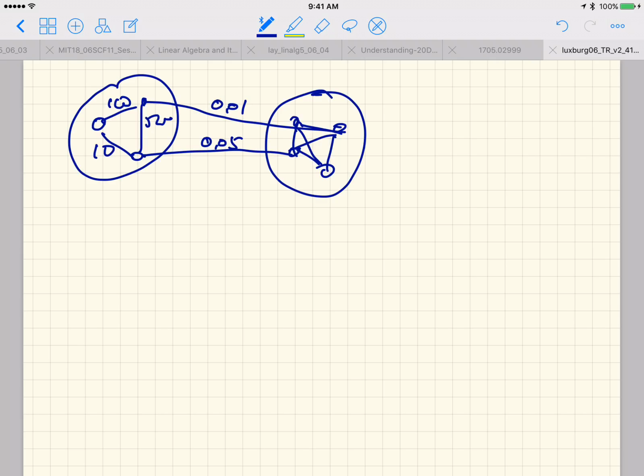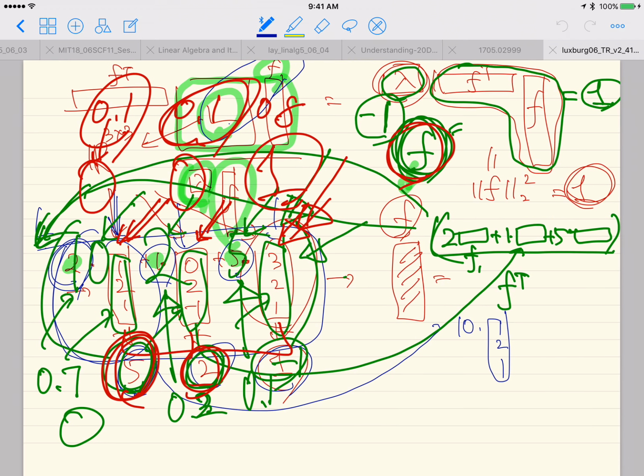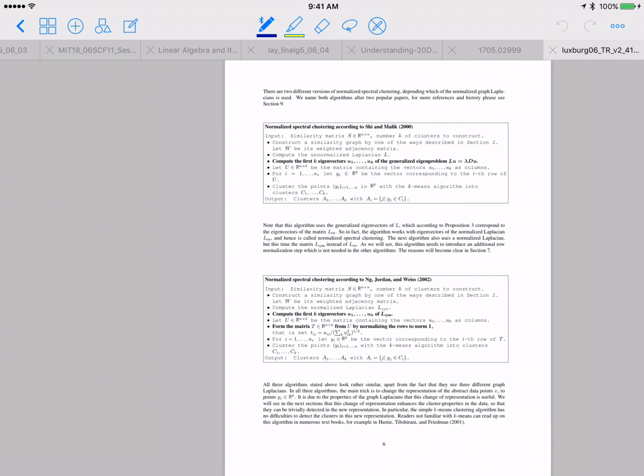In these cases, these edges are not zeros, and so we have 3 and 4, 1, 2, 3, 4, 5, 6, 7. In this case, we will see some non-zero edges here, but hopefully they will be small. So you will end up with just a single eigenvector corresponding to 0 eigenvalue.